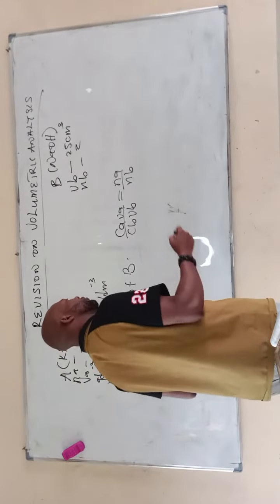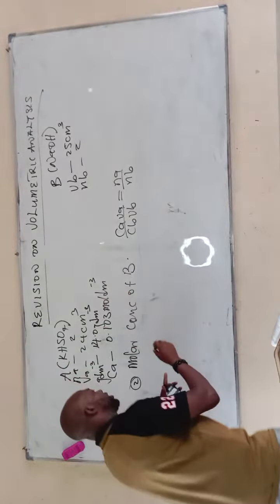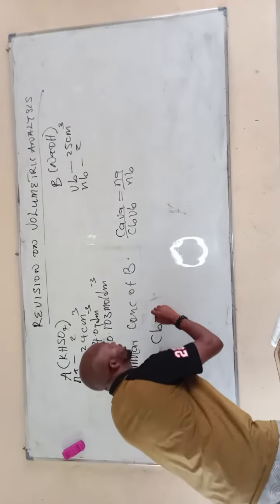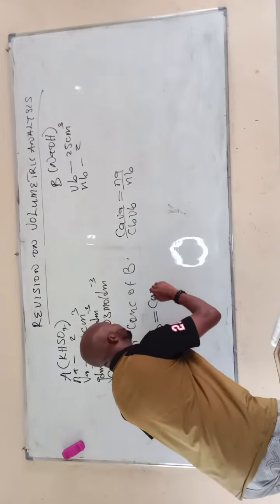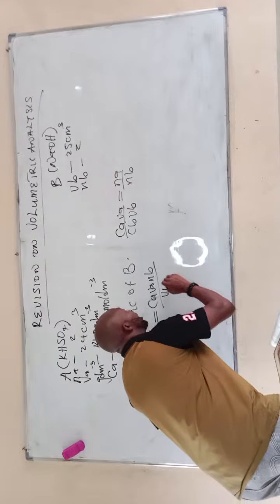Now, what am I looking for? I'm looking for the concentration of the base. So if I make that the subject of the formula, I have my CB is equal to CAVANB over VBNA.